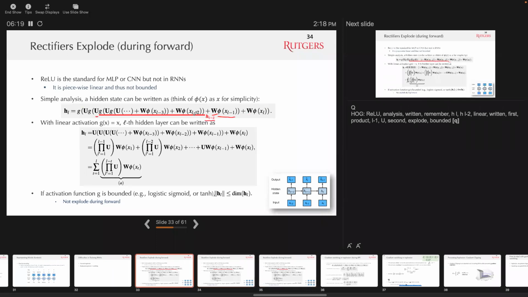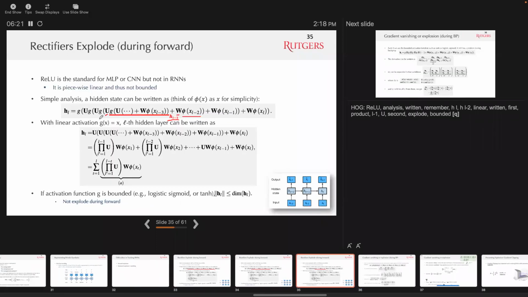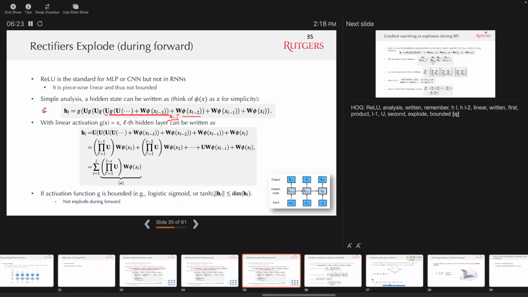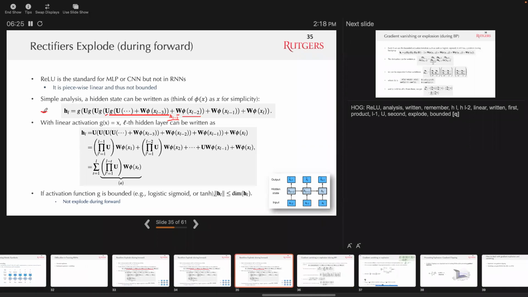This whole thing is just to explain why this equation makes sense. Okay, so this is one way of writing our hidden state at a particular time step.